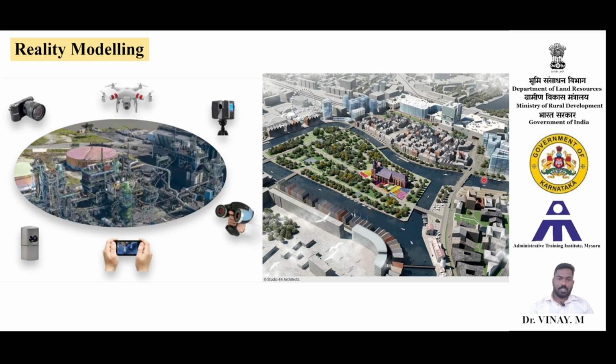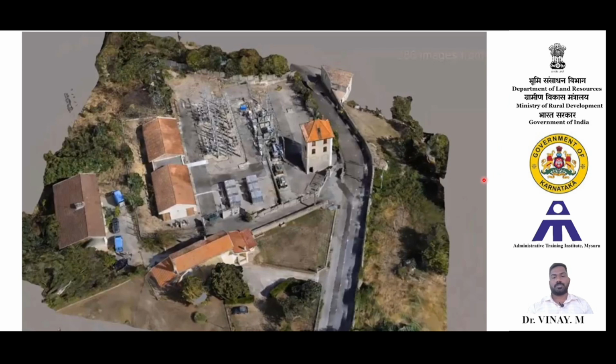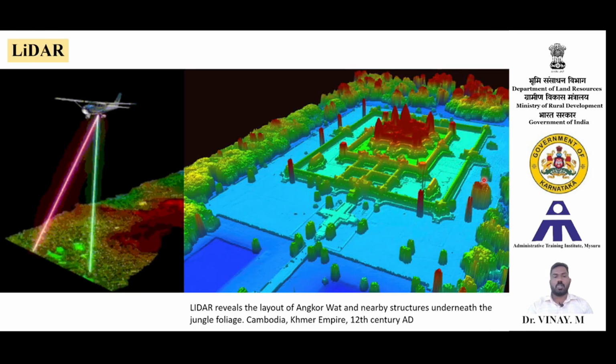If you look into that, cameras, drones, laser scanners, lidar equipment, all can be used to create reality models. So ultimately we have to represent the entire world in 3D and also in computer systems. So these are all the 3D models generated through reality models. The 3D scene can be generated.